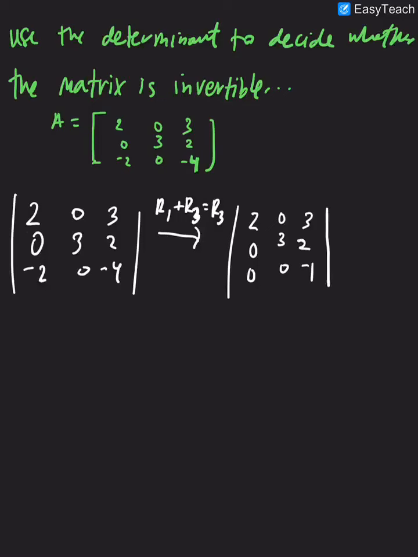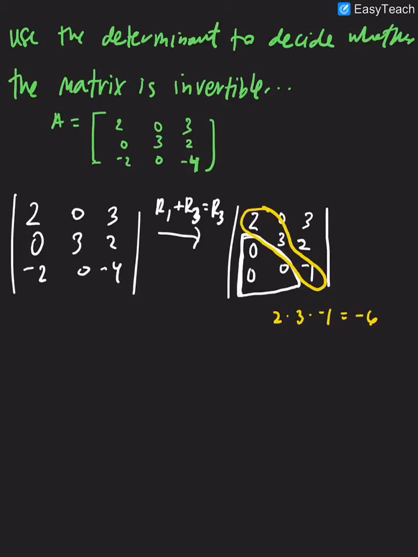Okay, so if you notice here, we have a triangle of zeros here. So that means what we could do is take this diagonal and basically multiply it. So then we have 2 times 3 times negative 1, which is negative 6.